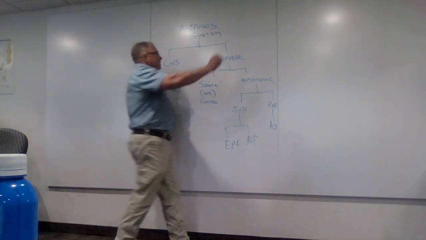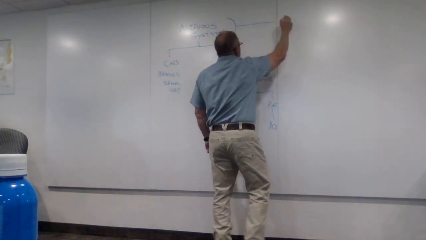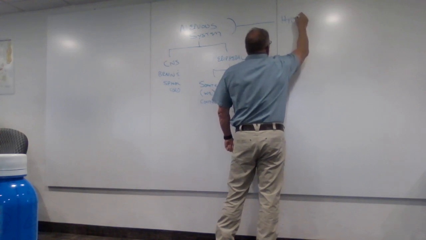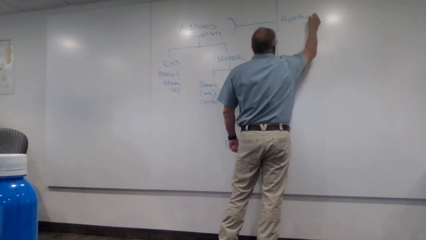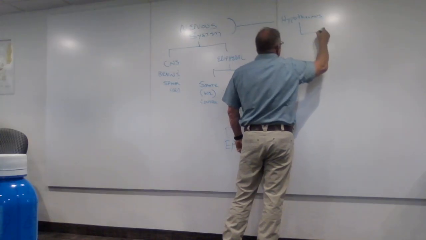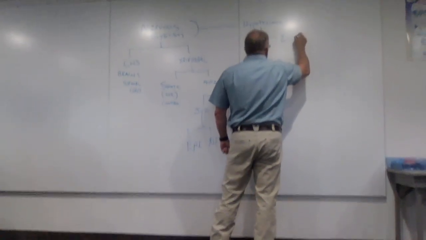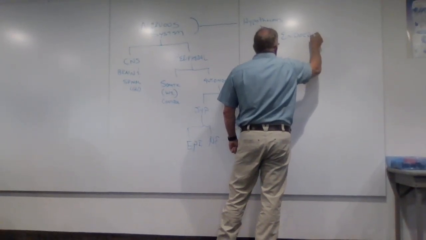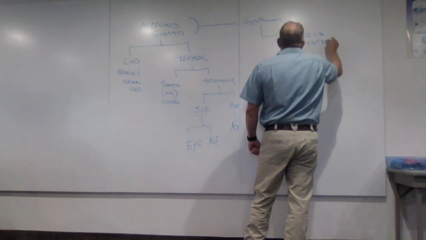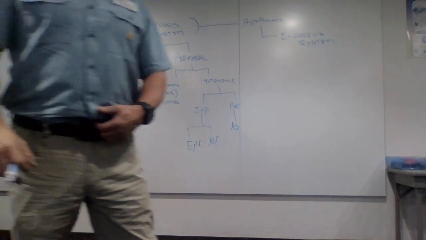While we're doing this, we need to talk about the correlation between the nervous system and the hypothalamus. The hypothalamus actually regulates the endocrine system. How did I correlate the endocrine system with the nervous system?